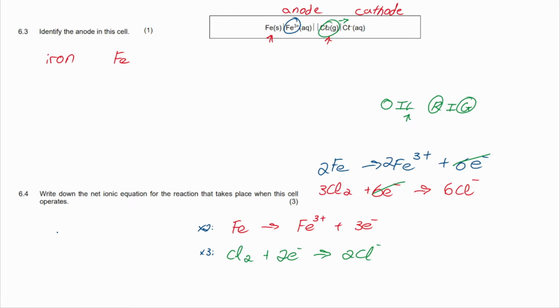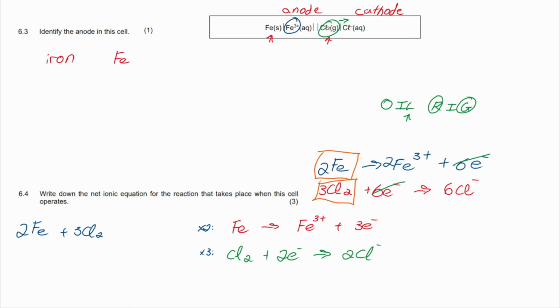And what we can do now, our net ionic equation is everything on the left. So 2 Fe plus 3 Cl2. You see how here's our arrow and this is to the left of the arrow, and here's our arrow and this is to the left of the arrow. That's why I put them on this side.